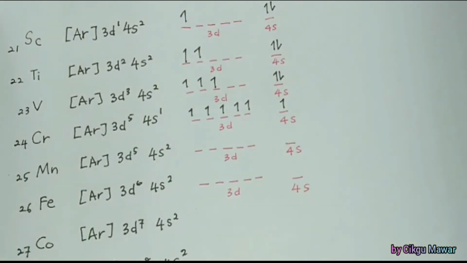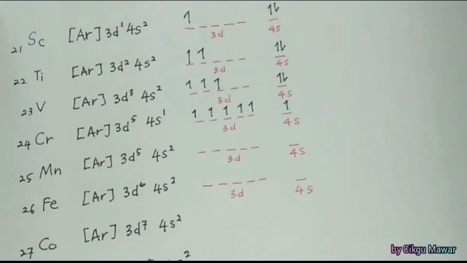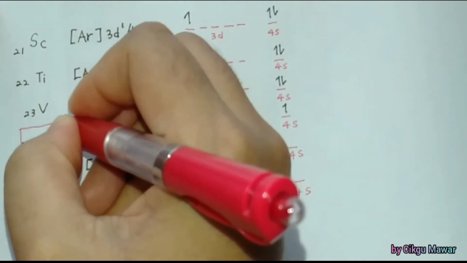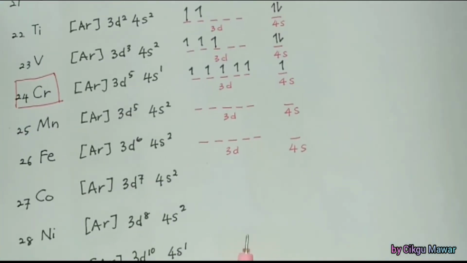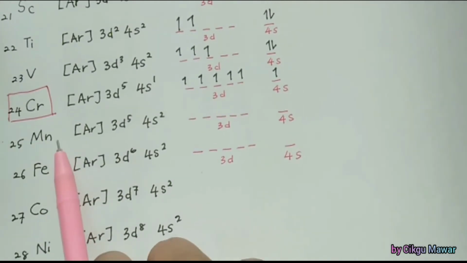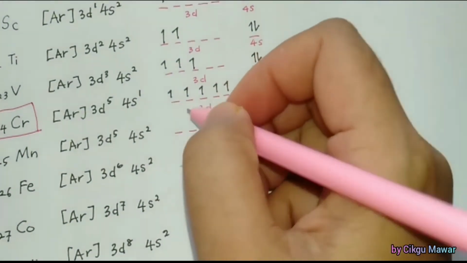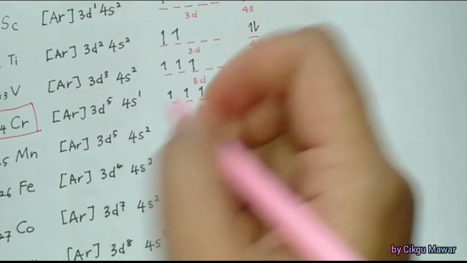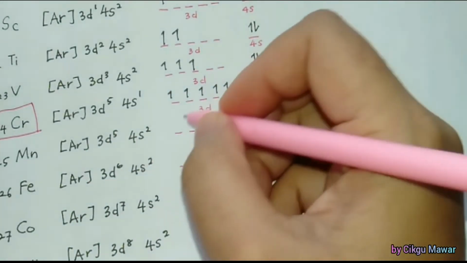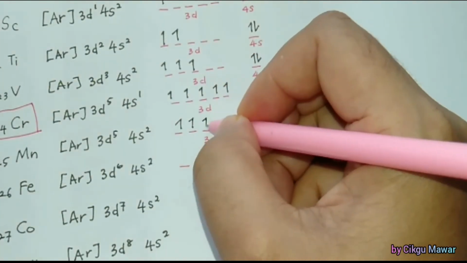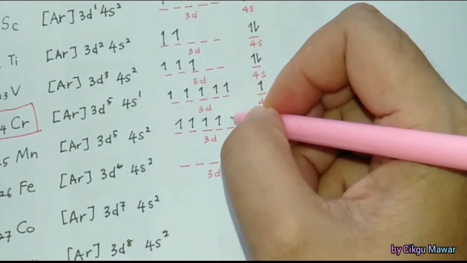This one you must memorize. Okay, for chromium. And then for manganese and iron, the same steps. For manganese we have 25: 18 from argon, then 19, 20, 21, 22, 23, 24, 25.